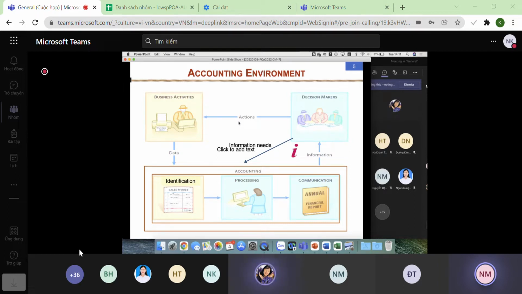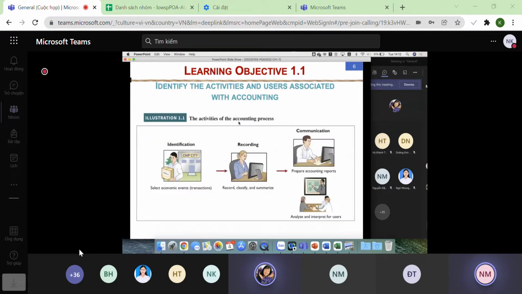No, because that kind of event does not affect the financial position of the company. Accounting system just selects economic events that affect the financial position of the company. For example, we make the decision that we sell one or two kinds of stock, one or two kinds of security.